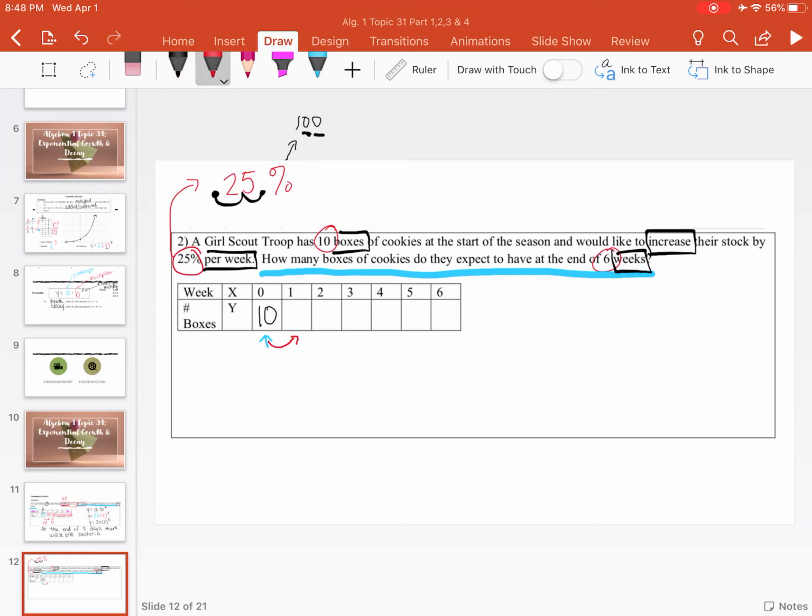Instead, what we're going to multiply each week is 1.25. Now this 0.25 represents their percent increase. And the 1 right here represents what you already have.